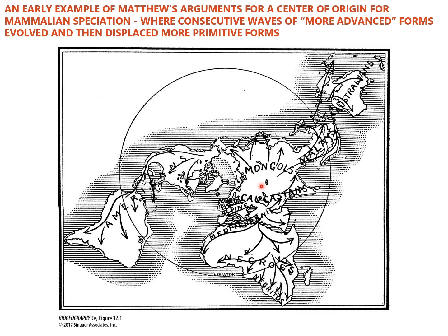It's an interesting idea. What we're looking at here is an early example from Matthew, who was one of the proponents of this theory. He argued for a center of origin for mammalian species, where consecutive waves, and this is the crux of it, consecutive waves of more advanced forms evolved and then displaced more primitive forms over time.